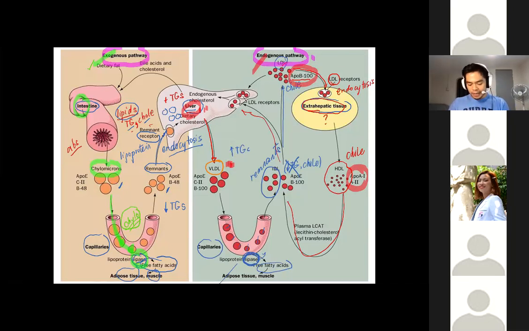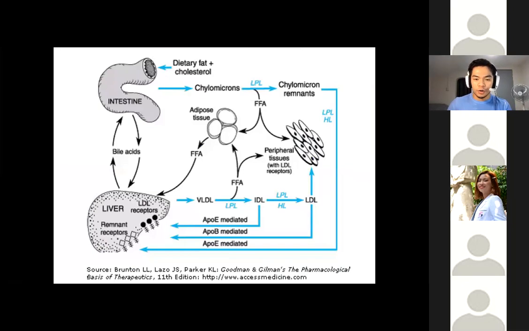So para ma-reinforce pa yan lalo, isa pang discussion or figure explaining that, we have this. O ganun din yan na iba lang ng itsura. So halimbawa, we have intestine, and then chylomicrons na galing nga sa intestine, and then lipoprotein lipase. So ang lipoprotein lipase, kukunin ang fatty acid composition na gagamitin ng tissues and adipose, and then remnants. Ang remnants, ano ang fate ng remnants? Pupunta ba sa liver ang remnants?